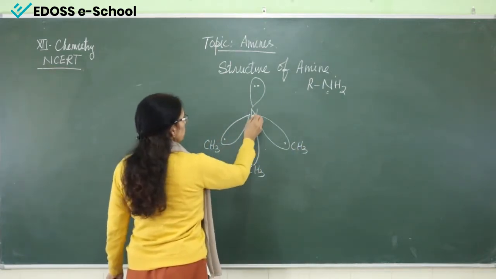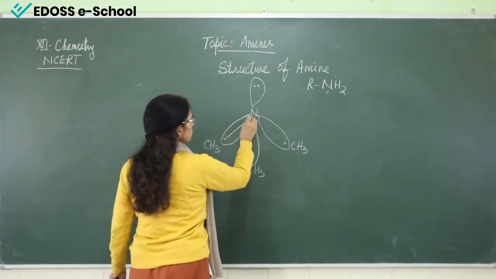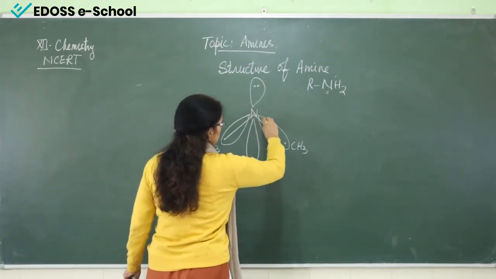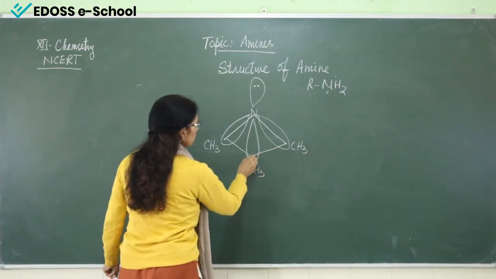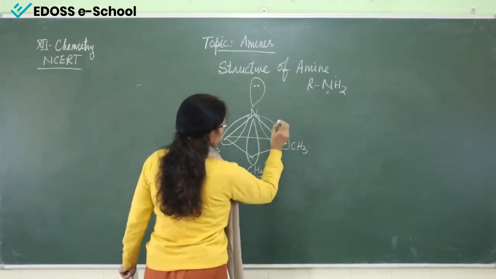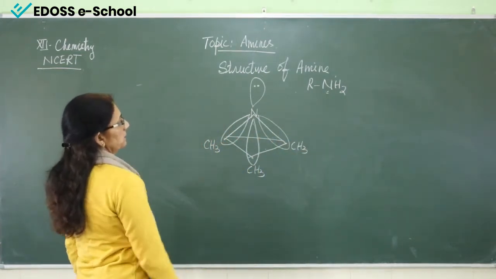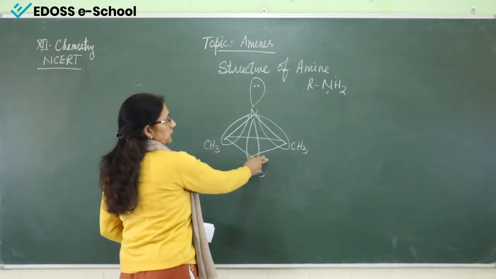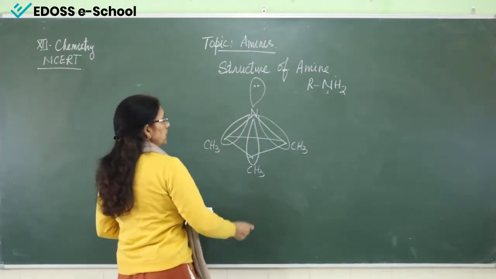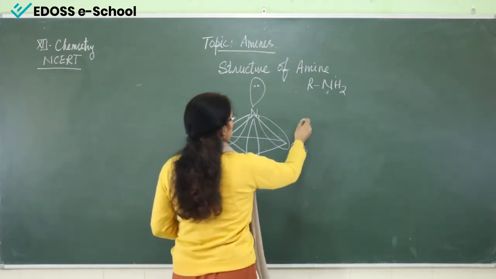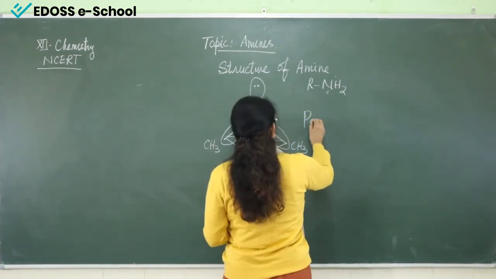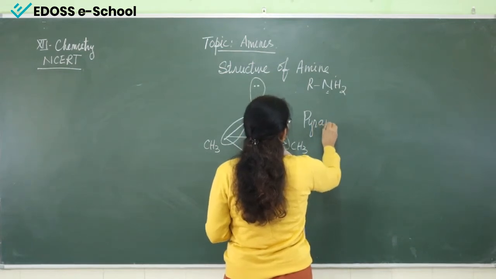So the figure will be like this. This type of figure we are getting. This figure is known as pyramidal. You can see a pyramid is formed here. So this structure is known as pyramidal.